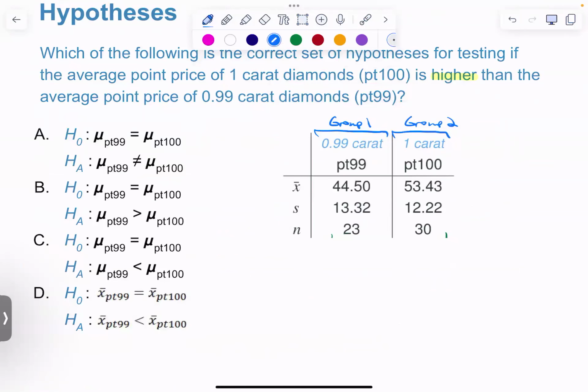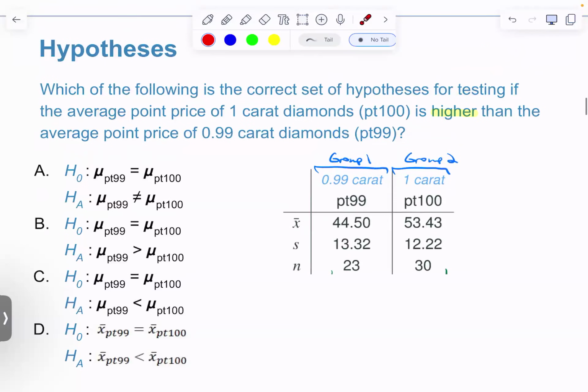We're so used to seeing this by now, but this is the reason they have the 99 here and the 100 here, even though they talk about the 100 versus 99, which is kind of backwards.